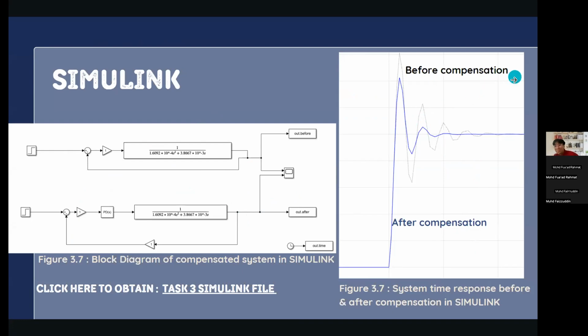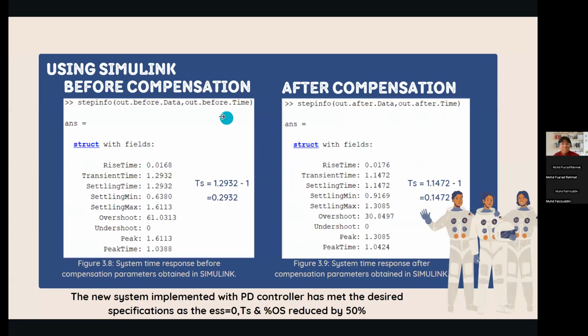This is the plot. You have a blue line and a dotted black line. The dotted one is before compensation, the original one, and the blue one is after compensation, the new one with the KD. This is the Simulink step info.